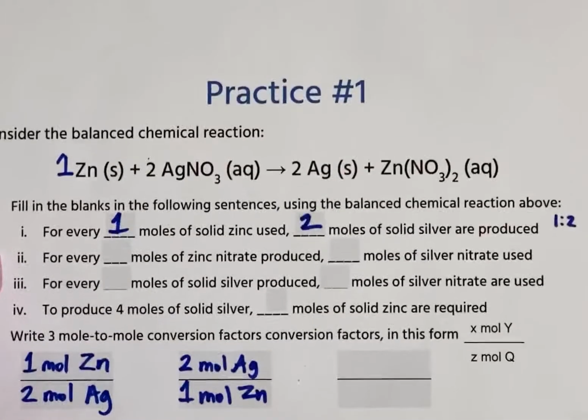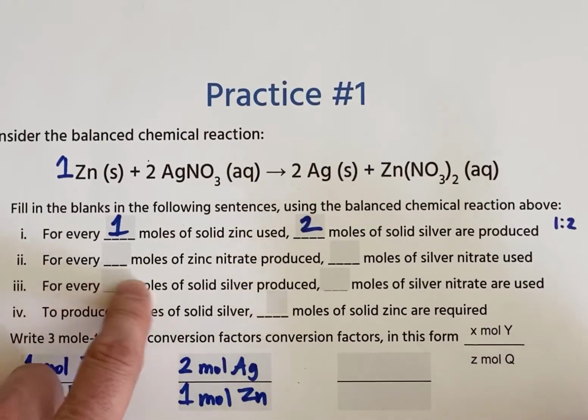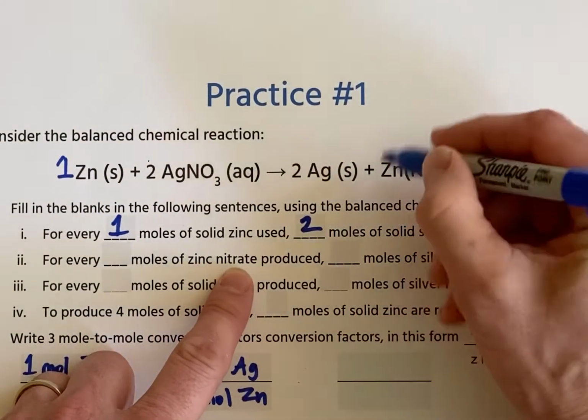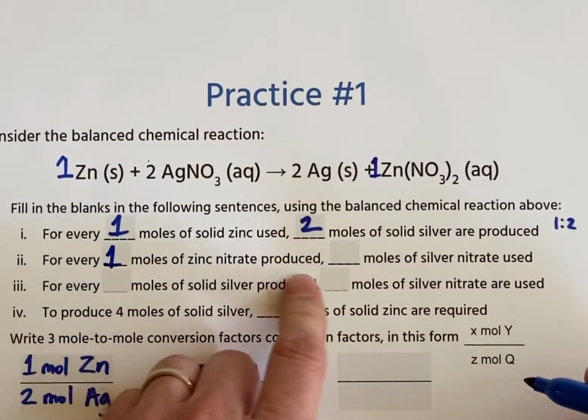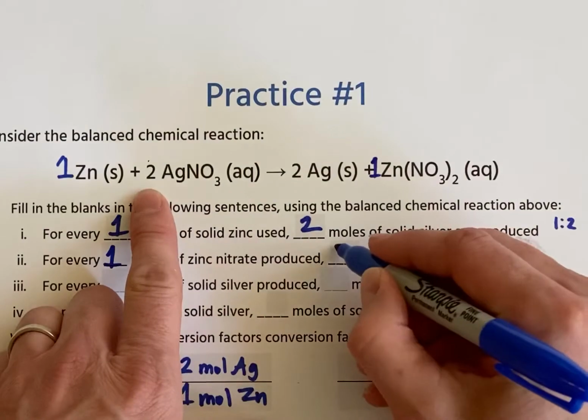So the next one, letter A, number 2 here. For every blank moles of zinc nitrate, that's 1. For every 1 mole of zinc nitrate, blank moles of silver nitrate are used. Silver nitrate, 2 moles of silver nitrate are used.